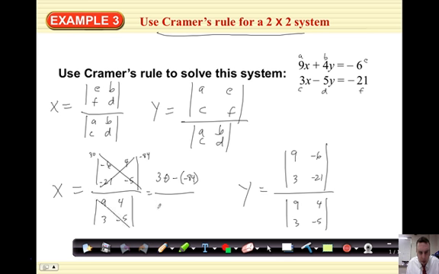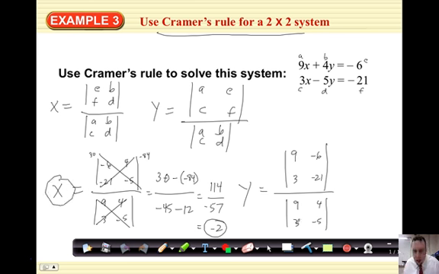Over, downward, negative 45 minus upward, 12. So almost final: 30 plus 84 is 114, over negative 45 minus 12. What is that? Negative 57. And if you divide these two in your calculator, you will get negative 2. x is negative 2. Perfect.